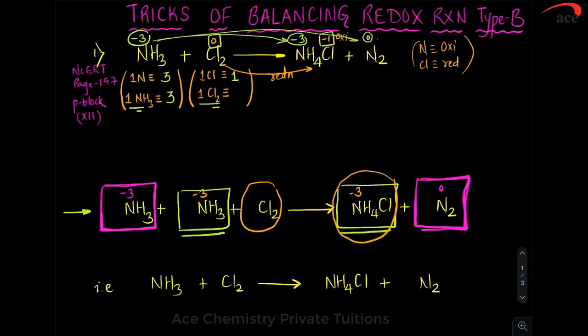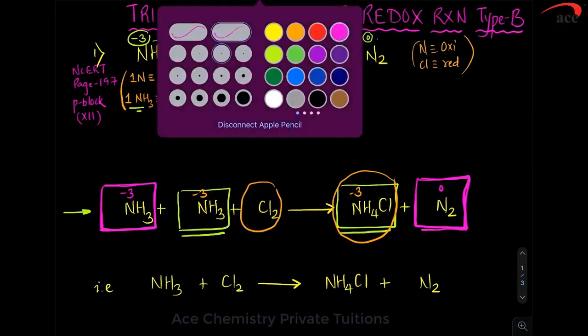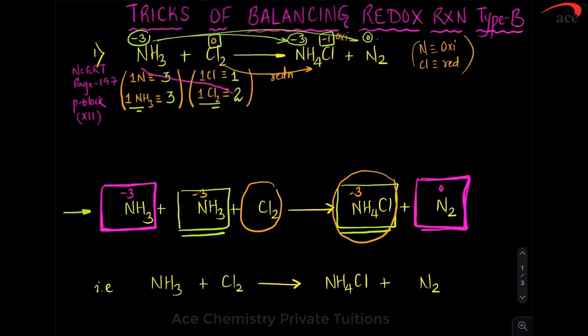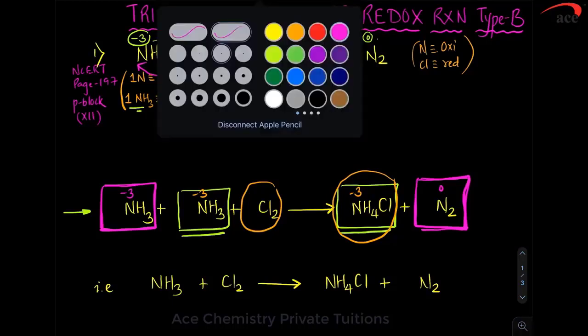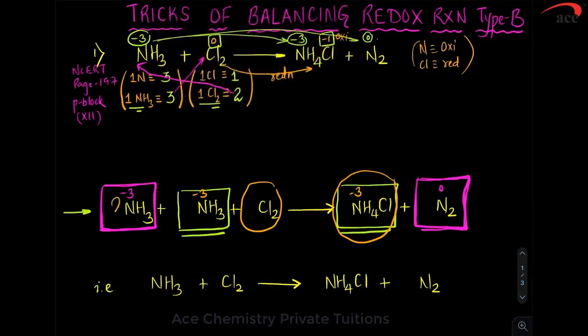But we are looking at a chlorine molecule made up of 2 chlorine atoms, so the change is 2. If you remember what we do next, we cross multiply these numbers. So ammonia's number will be 2 and chlorine's number will be 3.